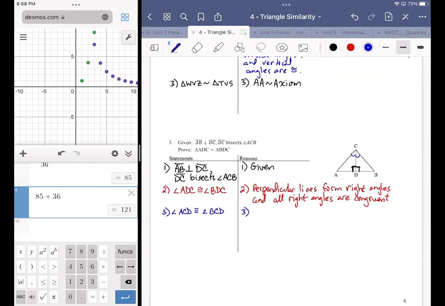So that's a little bit of gray area in terms of the logic of it, in the sense that in theory, we should really spell it out, but it's what you should do versus what I'm willing to accept. So I would say a bisector cuts an angle into congruent angles.